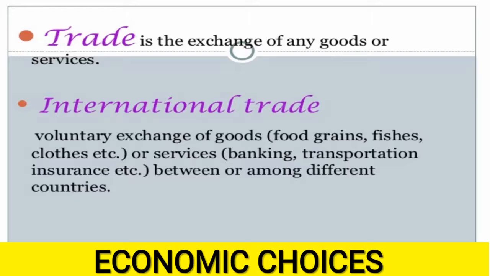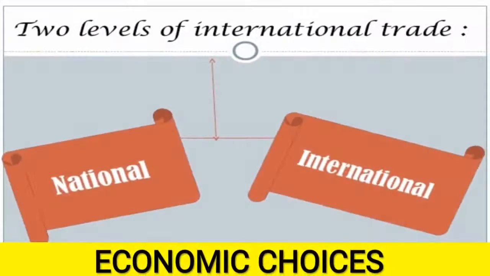When we do business within the country, it is called domestic trade, while trade with other countries is called foreign trade or international trade. In our next slide, we will discuss the levels of international trade. There are 2 levels of international trade.